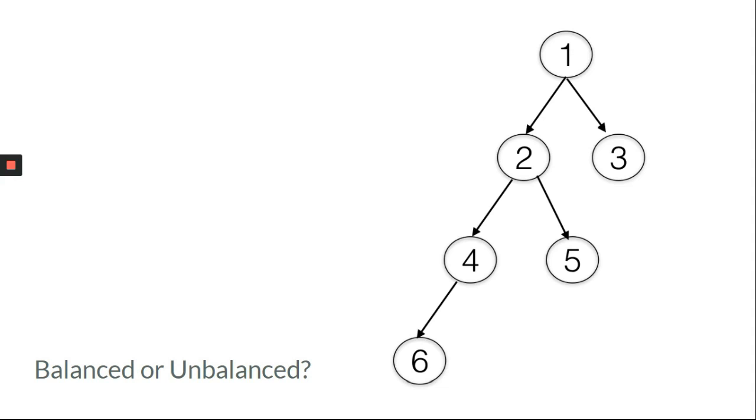If we look at the height on the left, we could say 1, 2, 3, 4. So it has a height of 4. Now the one on the right will have a height of 1 and 2. So we subtract the difference, 4 minus 2, we get 2.